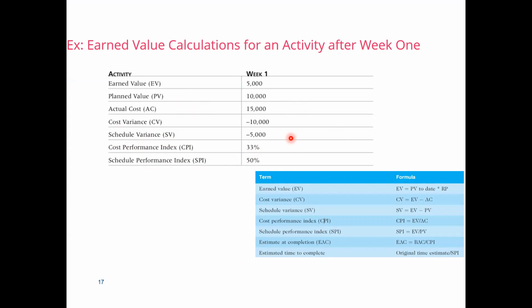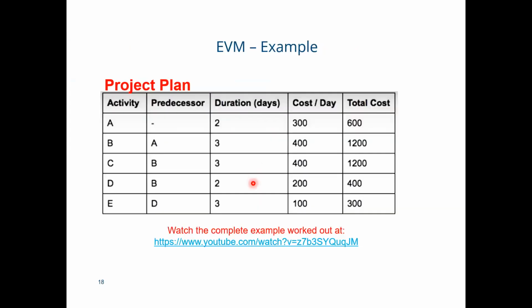Like I just explained, if it is less than or greater than, how can we say the project is under budget, over budget, on time, or not on time? So write answers as per the explanations in the previous slides. Now I'm going to discuss one example to make your concepts clearer.